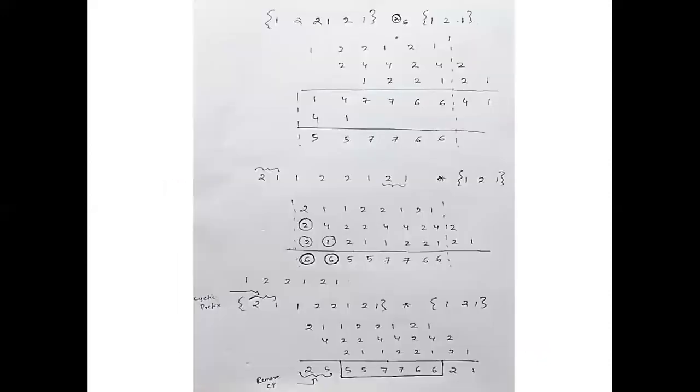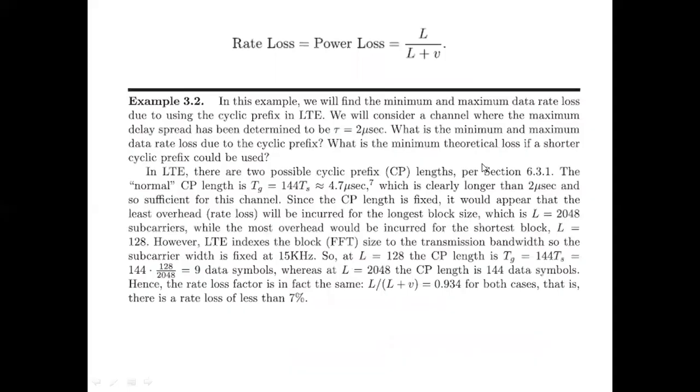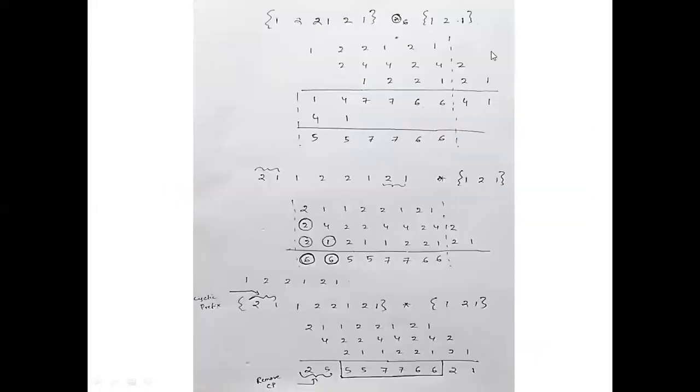I hope you remember this classic problem of circular convolution. Let me take this example. Suppose I take data which is 1 2 3 4 5 6 in length, and I do a convolution with 1 2 1. Say I take a 6-point circular convolution.